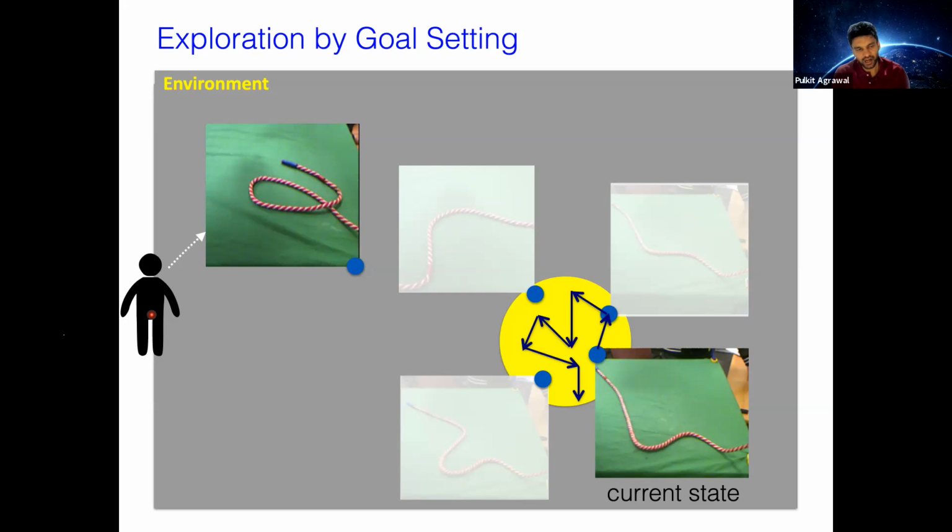And now we are saying, I'm not even going to show you a complete demonstration, but I'm going to just give you some interesting states. So the human over here is just trying to bias the exploration of the agent rather than telling it how to do the task. And by biasing the exploration, it can lead to more interesting data collection.